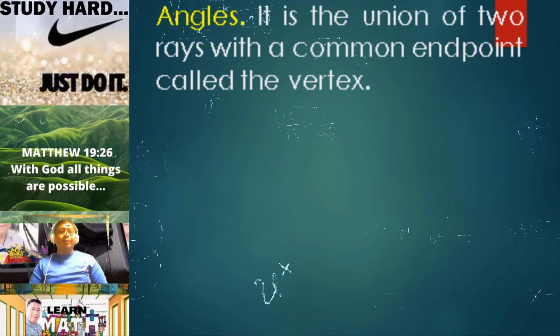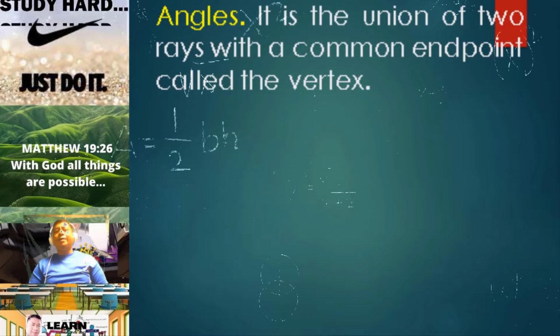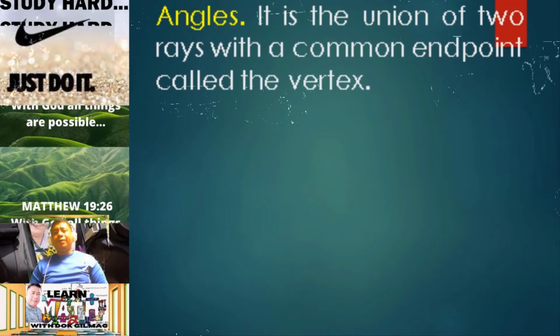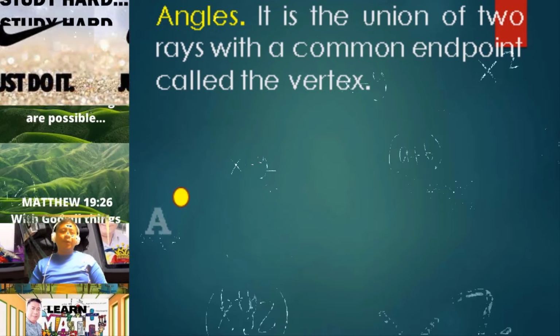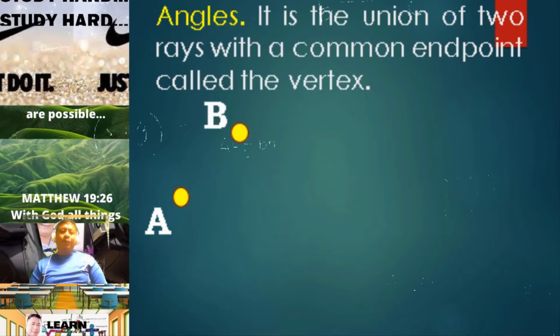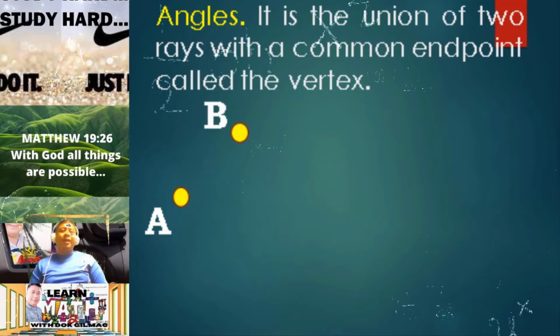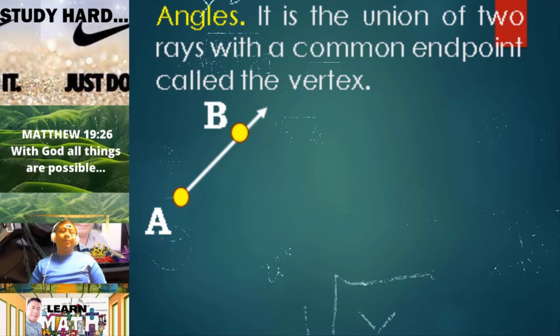Consider angles. When we talk about angles, it is simply the union of two rays with a common endpoint called the vertex. Consider here point A and point B. Connecting these 2 points here with endpoint A, we simply have ray AB.